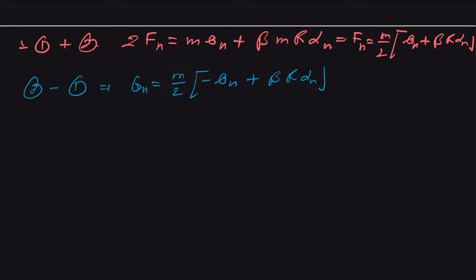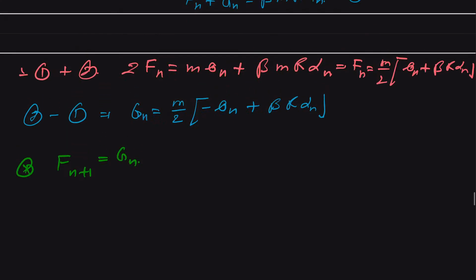Therefore we can say that F of n plus 1 is equal to our G of n, and we can simply equate them. So from here we get this as our F of n plus 1. Okay, we can just modify the equation, because this is the equation for F of n, and F of n plus 1 will be the same.